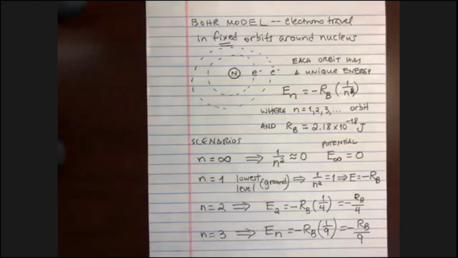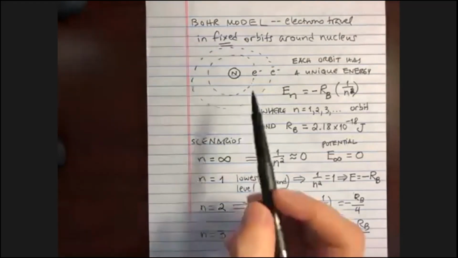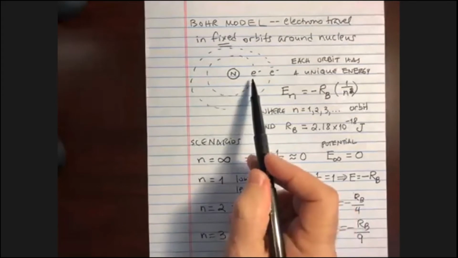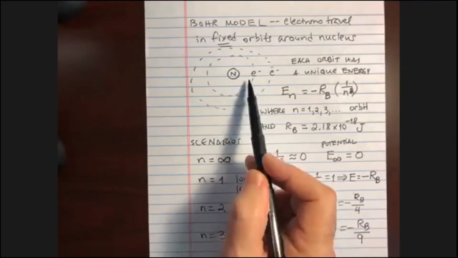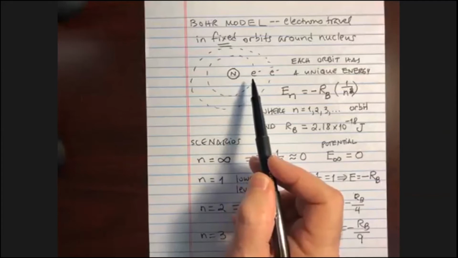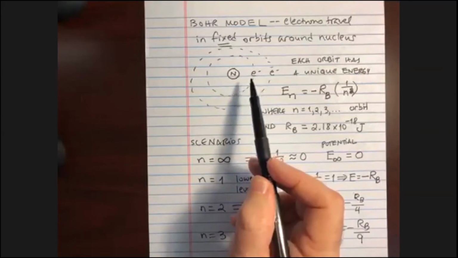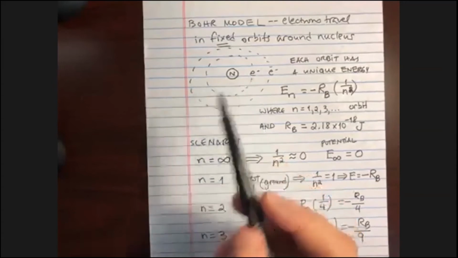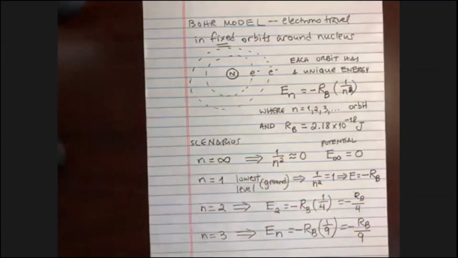Remember, the electron should be attracted to the nucleus. The closer it is to the nucleus, the better the situation, the more stable, and therefore the lower its energy should be. This is similar to what we discussed in the previous chapter about the formation of bonds, and when you have a chemical reaction from reactants to products.